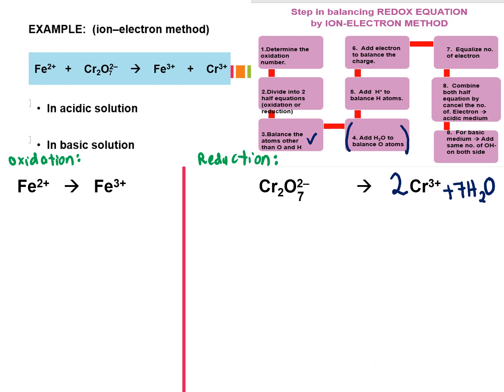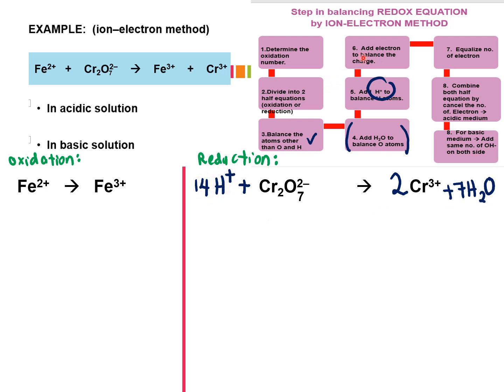That's why we need to add H+ ions to the left side. How many H+ ions? 14 H+ ions, to balance the 7 H2O on the right side. So 7 H2O contain 14 H+. So we add 14 H+ on the left side.